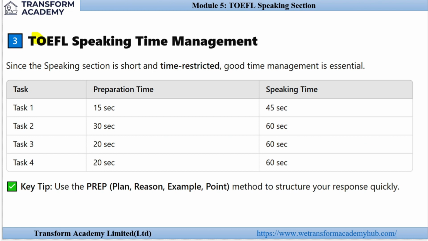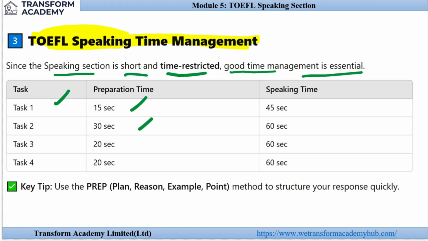Now, the TOEFL speaking time management. Since the speaking section is short and time restricted, good time management is very important. So for task 1, preparation time 15 seconds, for task 2, 30 seconds, for task 3, 20 seconds, and for task 4, 20 seconds.